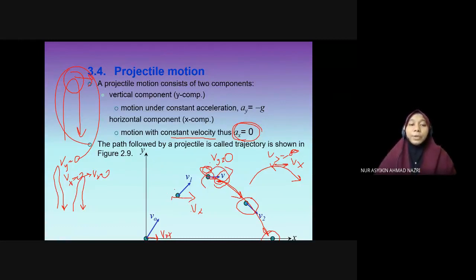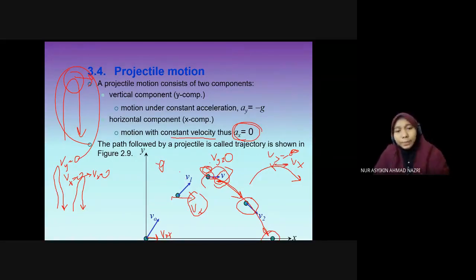Here Vx is always constant, but Vy is affected by the gravitational acceleration. So we have negative G, because G is vertical. That's why it does not affect your horizontal velocity. It only affects the value of the vertical velocity, the y component.